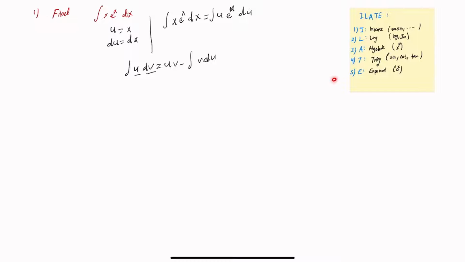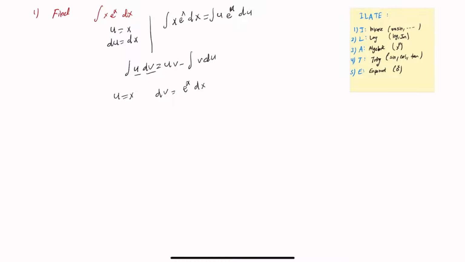Here we can see that exponential is the last one, number 5, and the algebraic expression, which is x to the n, is number 3. Therefore, I'm going to choose x, which is the algebraic expression, to be u. And then dv is the rest, which is e to the x dx.